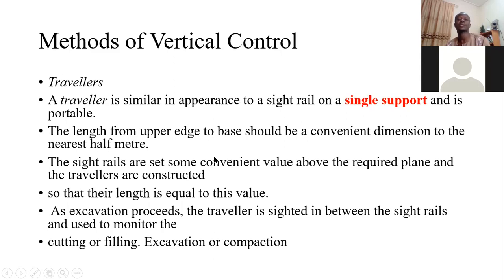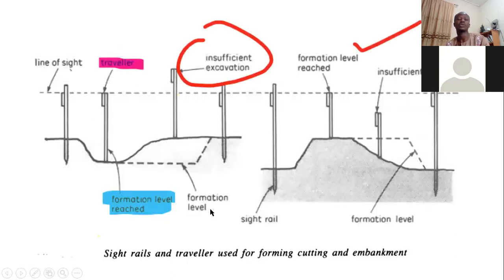The side rails are set some convenient value above the required plane, and the travelers are constructed so that their length is equal to this value. As excavation proceeds, the traveler is sighted in between the side rails and used to monitor the cutting or the filling.